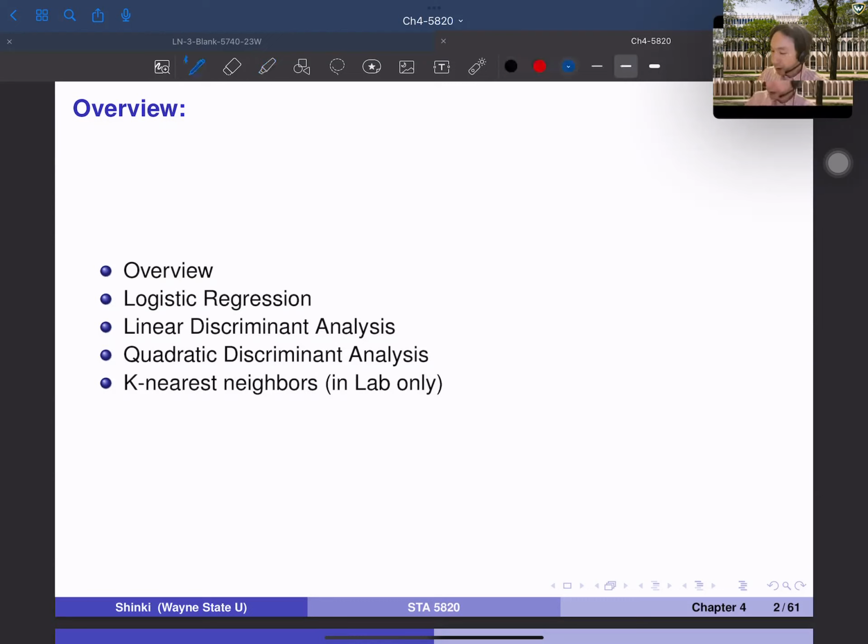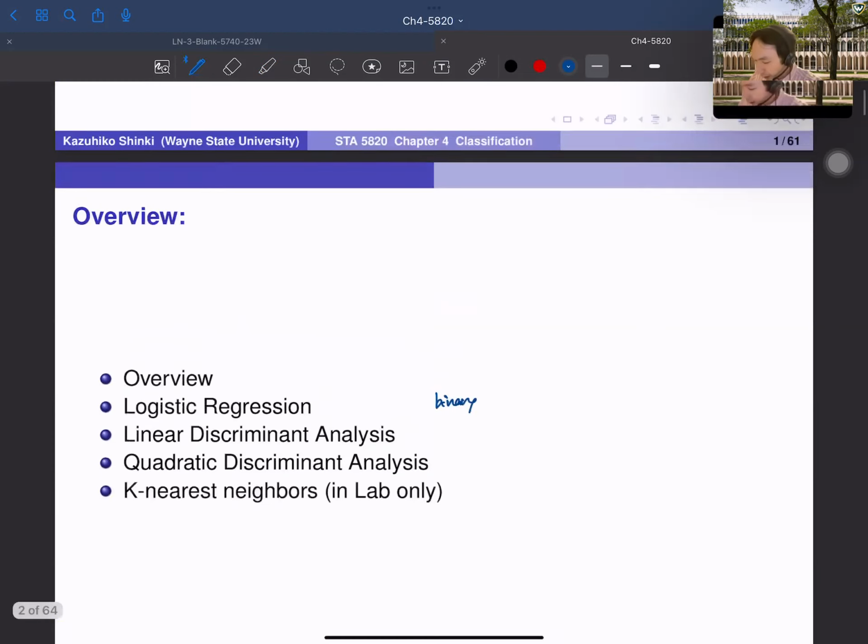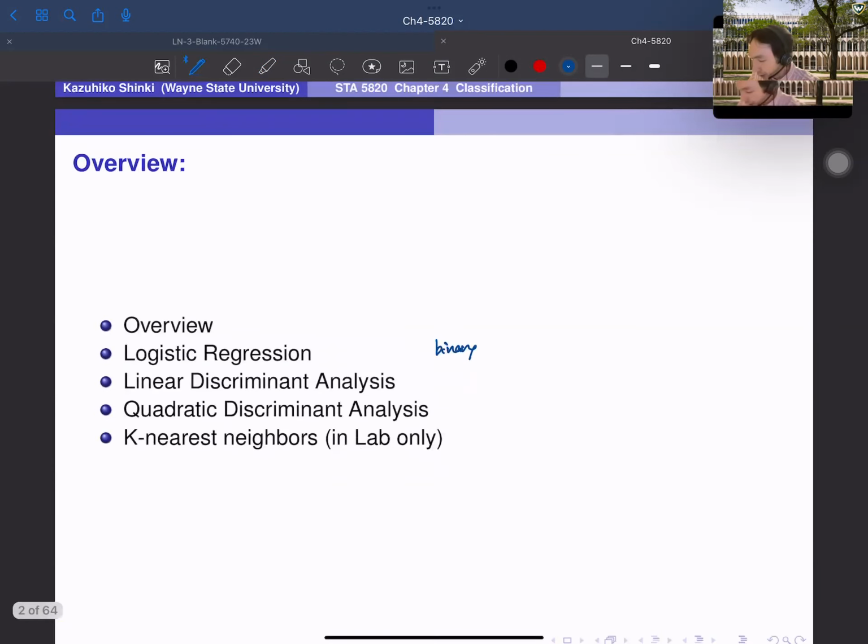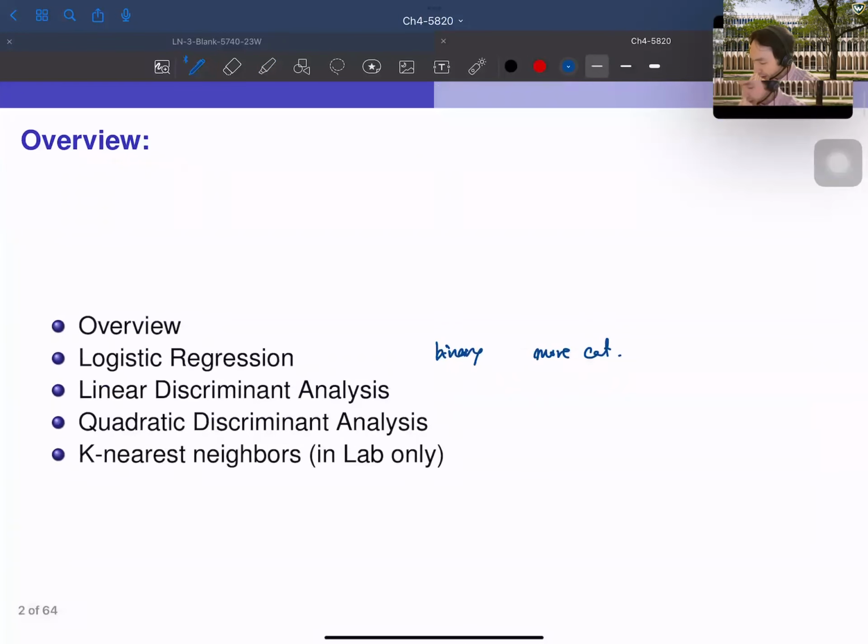At first we do binary classification, the usual logistic regression. Next we consider multinomial logistic regression, which is for more than 2 categories. And we also discuss ordered logistic regression a little bit.